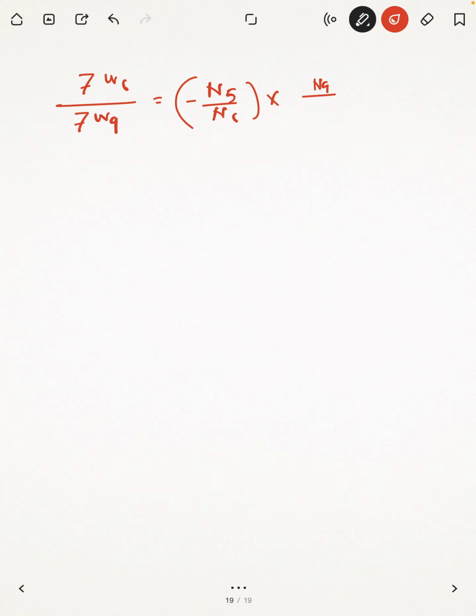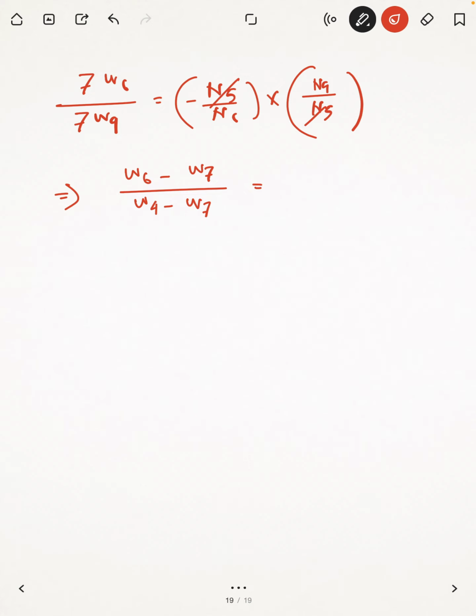It should be N4 divided by N5. So if you input the values, it should be omega 6 minus omega 7 divided by omega 4 minus omega 7. And N5 cancels out. It should again be minus 58 by 8.